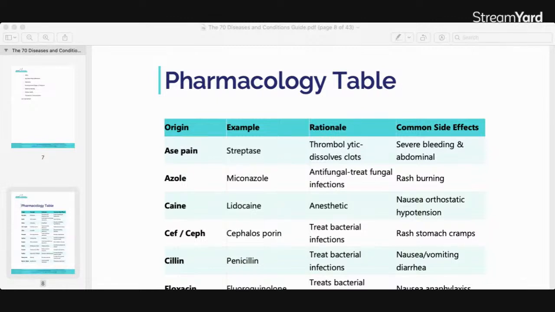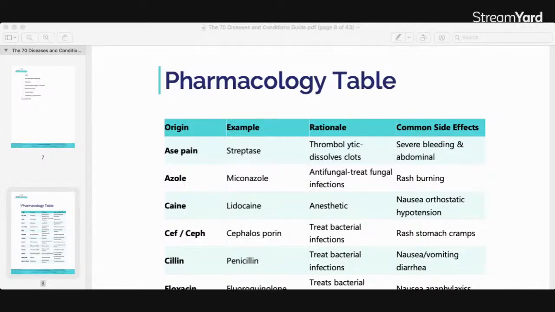The next one we have is caine. This is typically associated with lidocaine, right? And lidocaine is often given as a local anesthetic. So for patients who have some type of procedure, usually a bedside procedure, it's commonly given for procedures at the bedside.